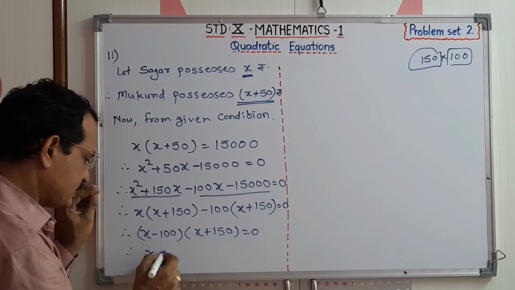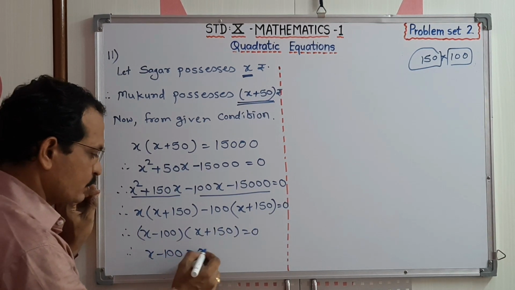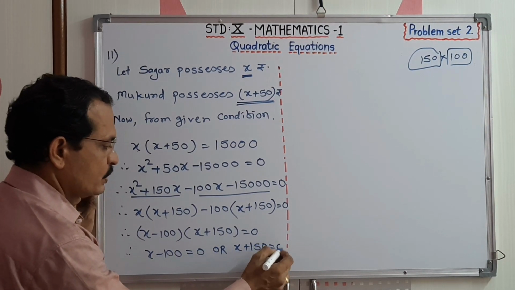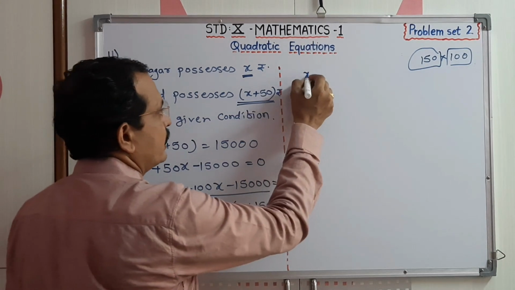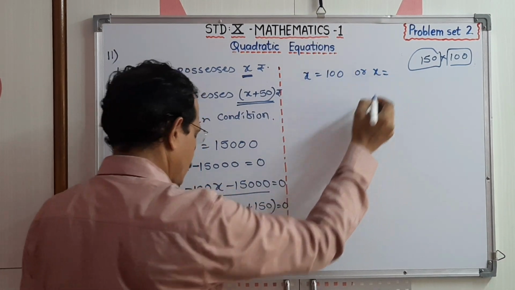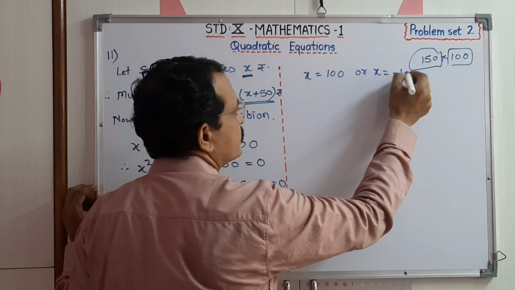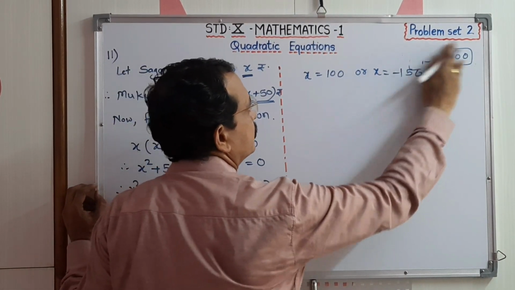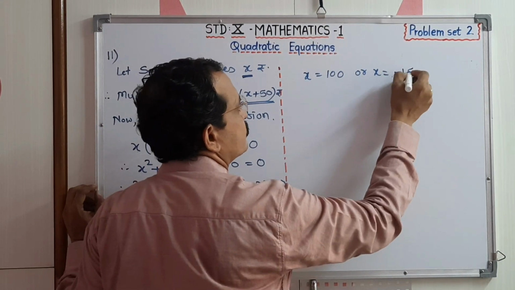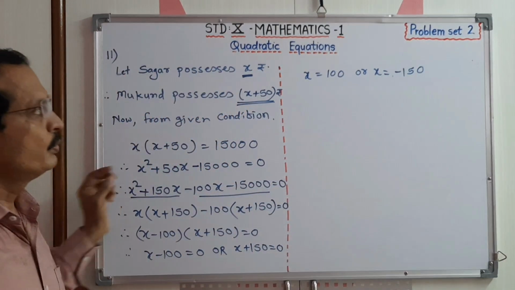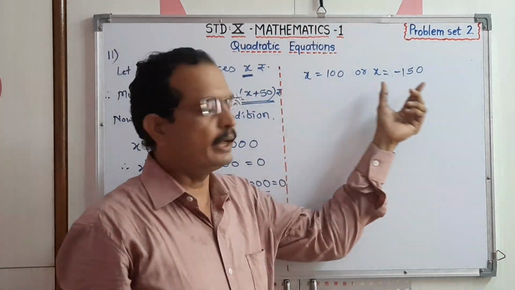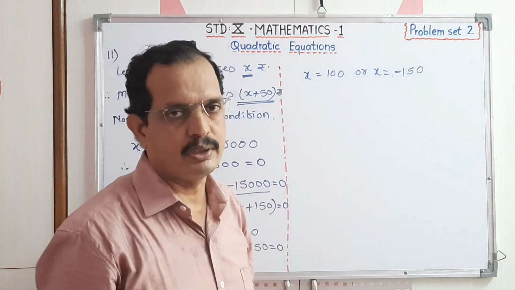Now, x minus 100 is equal to 0 or x plus 150 is equal to 0. We get x is equal to 100 or x is equal to minus 150. Now we got the two values of variable x.